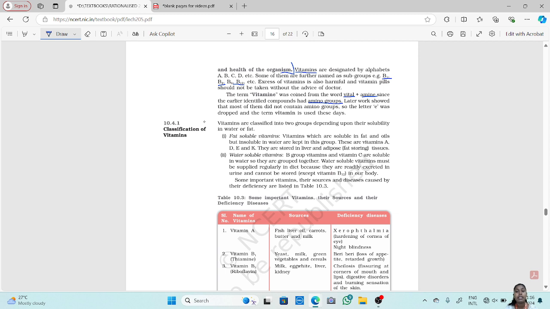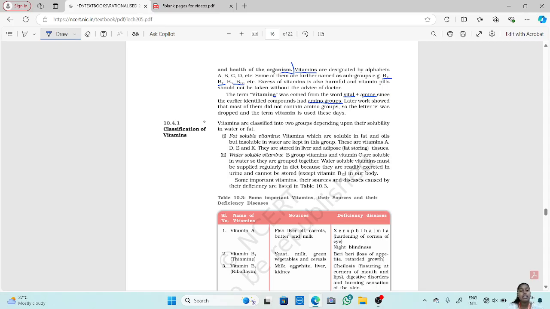Later work showed that most of them did not contain an amino group, so the letter E was dropped and the term vitamin is used to this day.